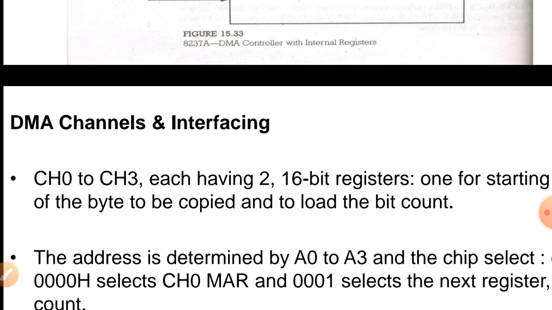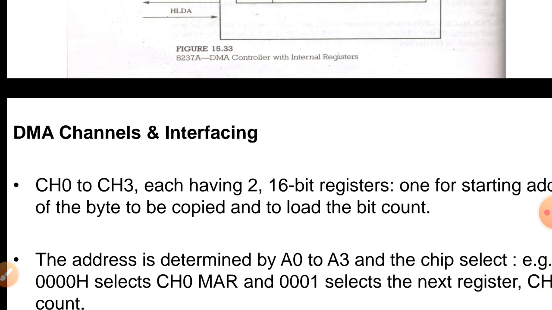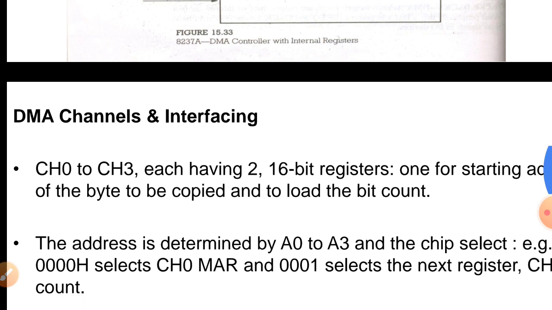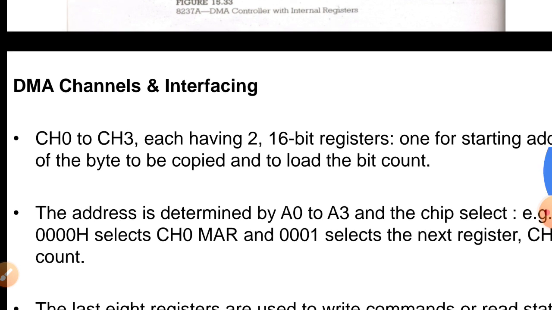Internally, each channel has 2 registers associated with it. One is used for loading the starting address of the byte to be copied, and the second is used to load the count value, that is, how many bytes have to be transferred.